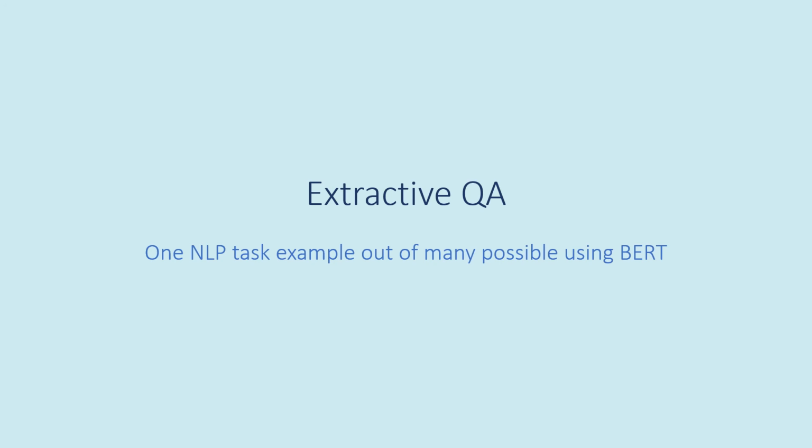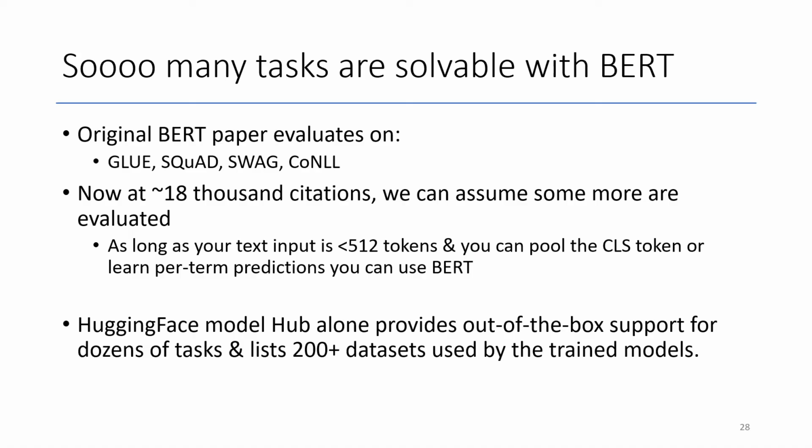We know that we can easily obtain a pre-trained BERT model. Let's look at one exemplary downstream task out of the NLP suite of possible tasks that are usable with BERT. BERT allows so many tasks to be solvable.